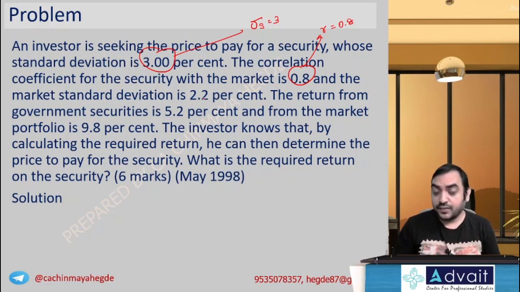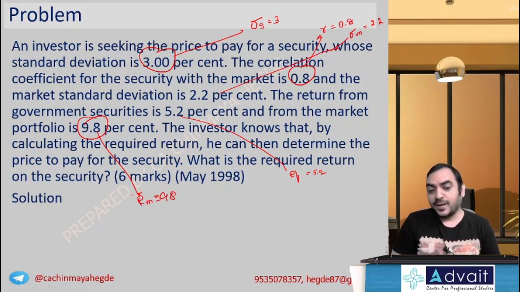And the market standard deviation is 2.2%, which is going to be sigma M, 2.2%. Return from government securities, which we will take as RF, 5.2. And return from the market portfolio, which means RM, is 9.8.